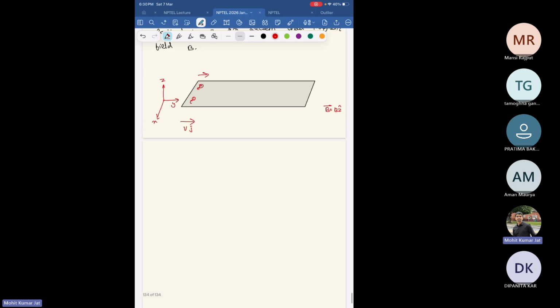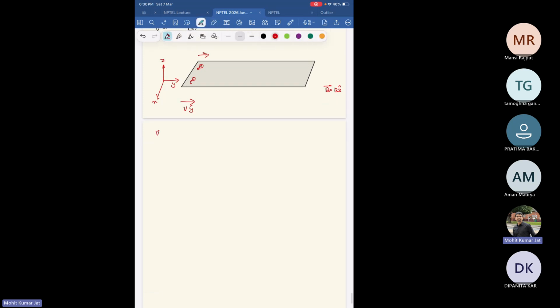Now let me write y-cap, that will be more consistent. So now the velocity which you have is v y-cap, and the magnetic field which you have is B z-cap. So the force on the electron will be minus e, that's the charge of the electron, times v cross B, that is the velocity times the magnetic field.